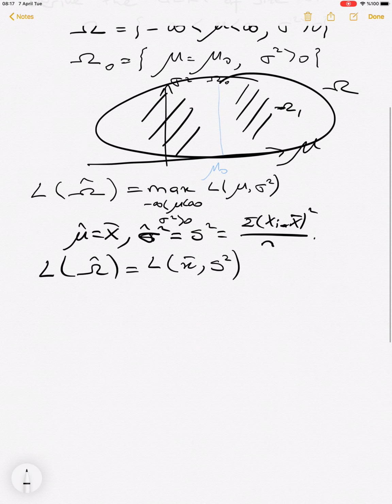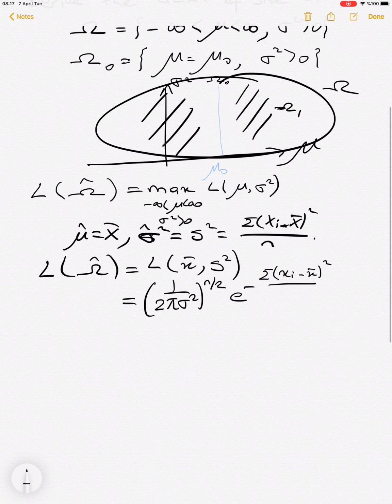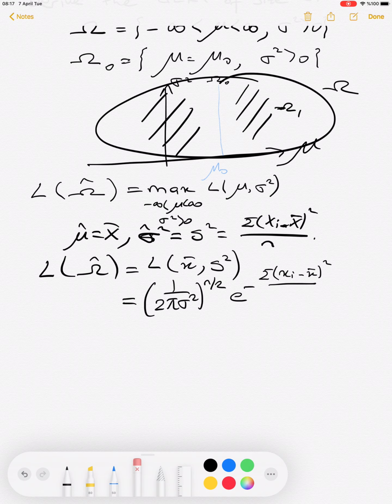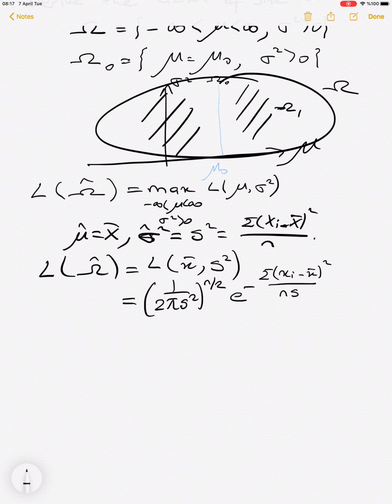Okay, so when we write the formula here, for a random sample of size n, we will have this, and we have e to the minus summation xi minus x bar whole square divided by 2 times s square, because we have to replace all the unknowns.